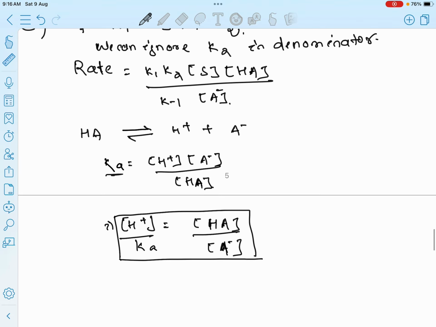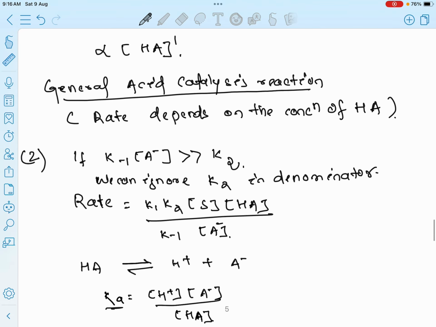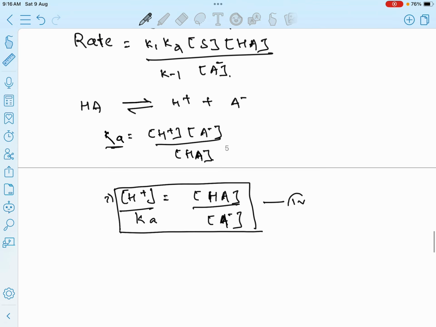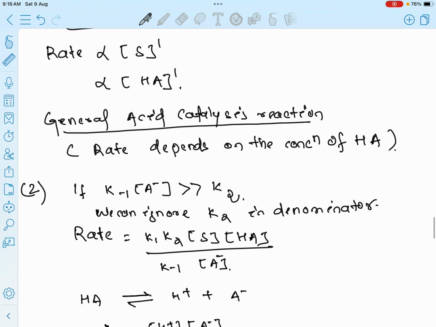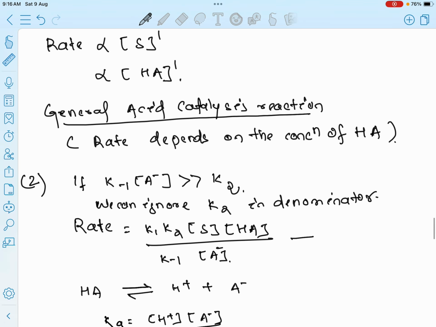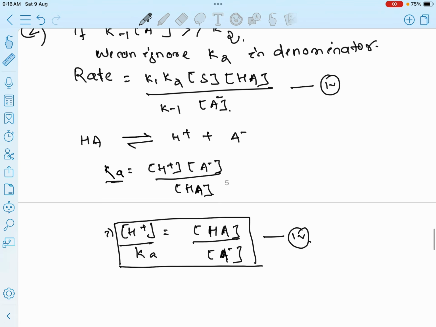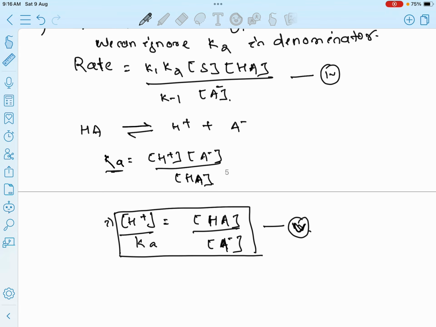So this is your equation number 4, and that we will use. If this is equation number 4, then this will be equation number 5. Okay. So now what we will do, we'll put this value from equation 5 into the rate expression.